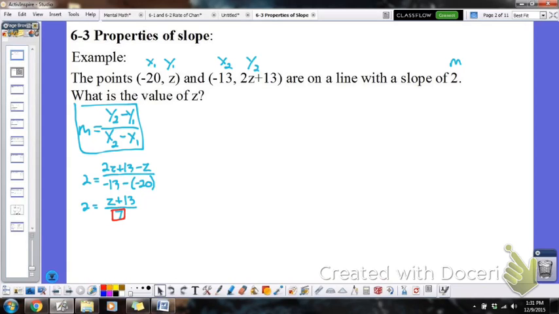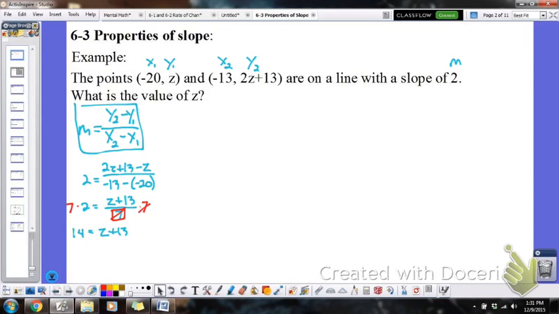Since I'm dividing by 7, I do the inverse operation and multiply both sides by 7. The 7s on the right cancel out, and I'm left with 7 times 2, which is 14, equals z plus 13.